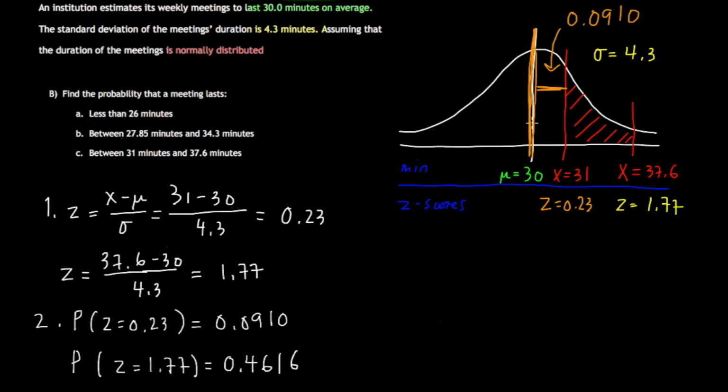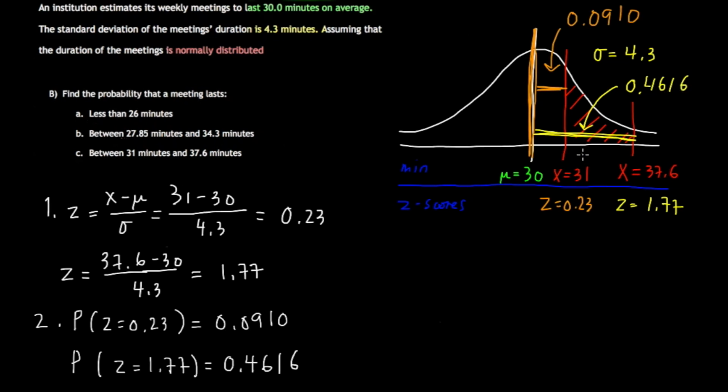Once again, we're on the right-hand side, starting from our center. That's going to be all the way up to this x right here. So all this right here is going to represent this probability of 0.4616.